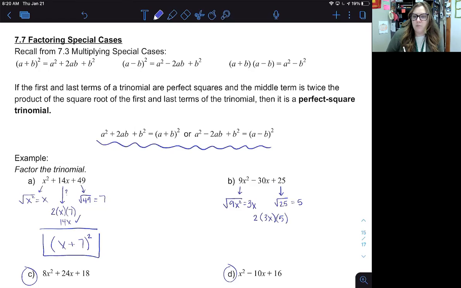So 2 times 3x times 5 is 30x. Does that match the middle? Okay. It's really close. It's just missing that negative. Which means when we write our product, we're just going to make it a subtraction instead of an addition. So this becomes 3x minus 5 quantity squared.